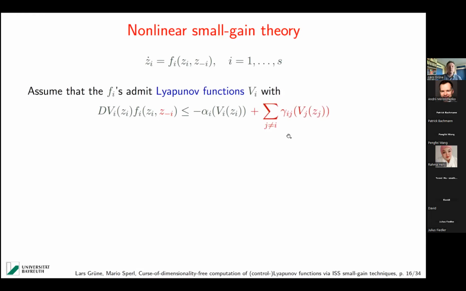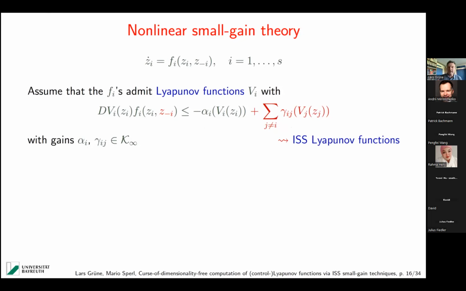And we assume that we can find Lyapunov functions which satisfy this inequality for all subsystems F_i. These are so-called ISS Lyapunov functions, right? And then we have certain scalar functions, alpha_i and gamma_ij. The alpha_i describes, as before, the decay of the Lyapunov functions, or the negative derivative. And the gamma_ij describe the coupling of the systems among each other.